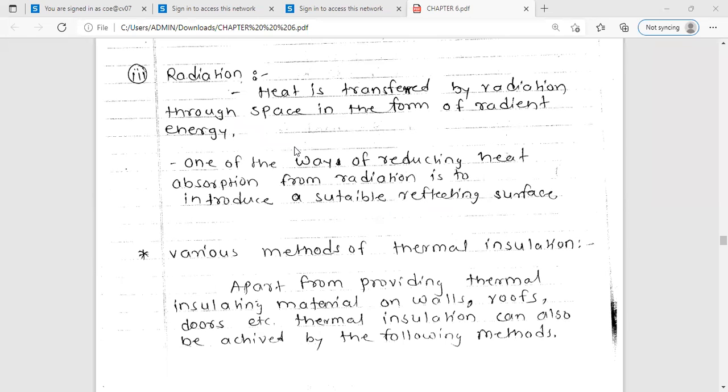Means here, whenever heat transformation is there through the space, or we can say in the form of radiations, then to avoid it, we have to go for the provision of suitable reflecting surfaces. Might be you have heard, sometimes we go for the provision of some sheets over the metal sheets.